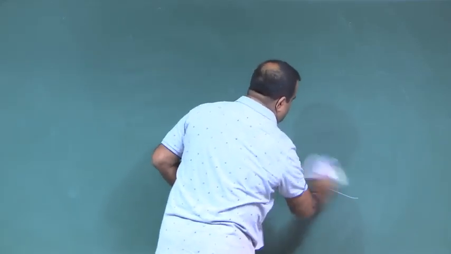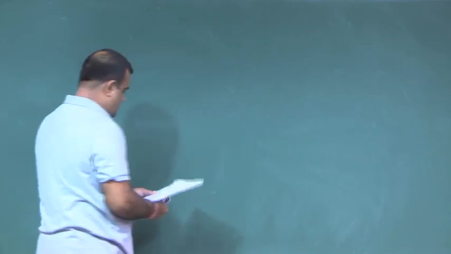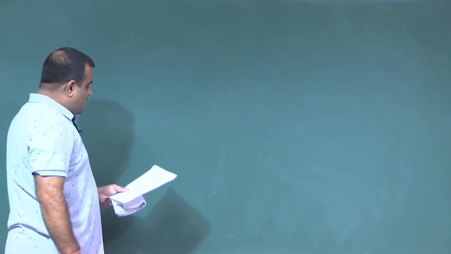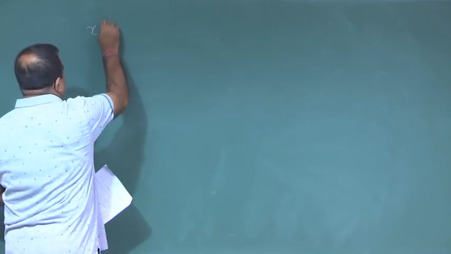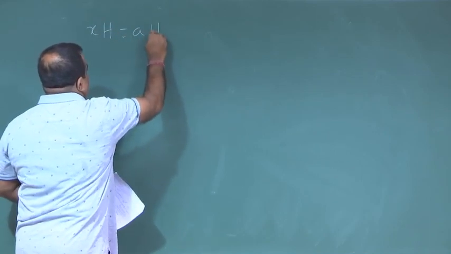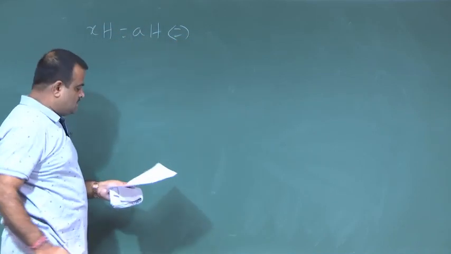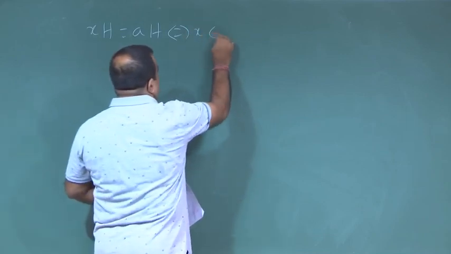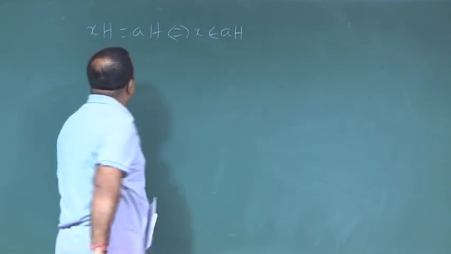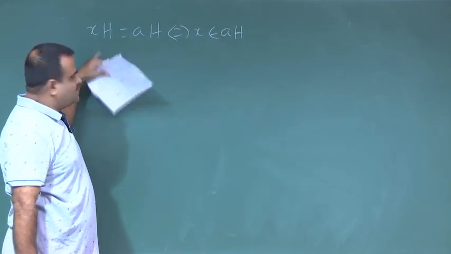Let us try to prove that. If we have this, it means x belongs to AH, and only then these two are the same.